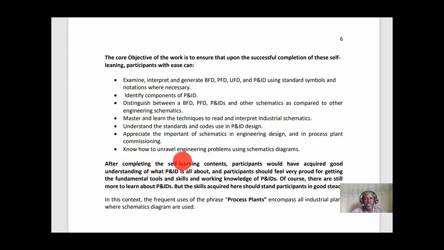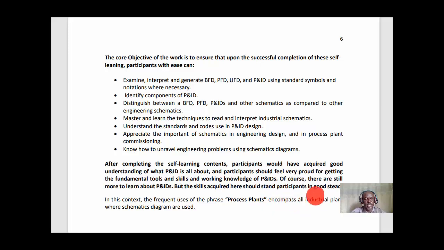Know how to unravel engineering problems using schematic diagrams, because schematic diagrams are actually very important in troubleshooting in a process plant environment. After completing this self-learning course, participants would have acquired a good understanding of what P&ID is all about, and should feel very proud of getting the fundamental tools, skills, and working knowledge of P&ID.